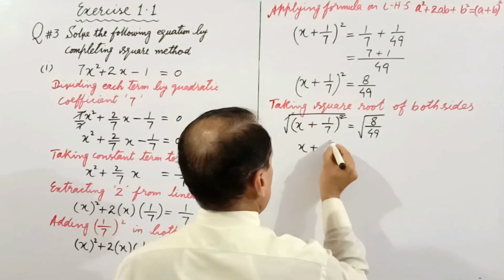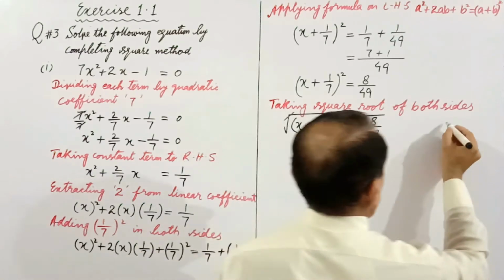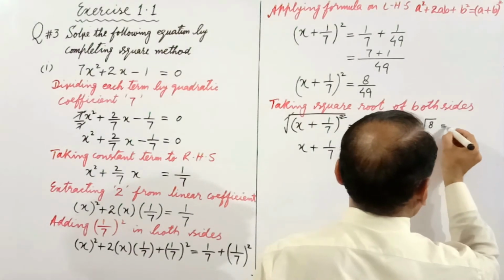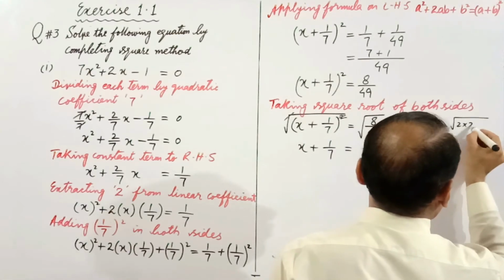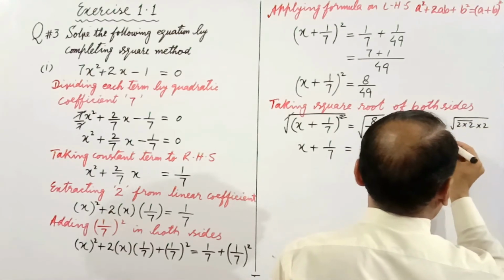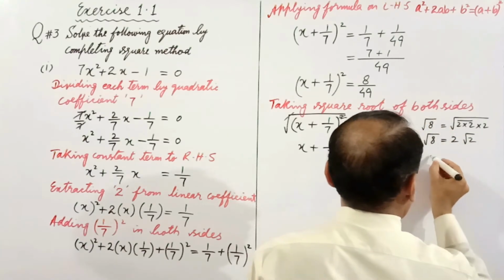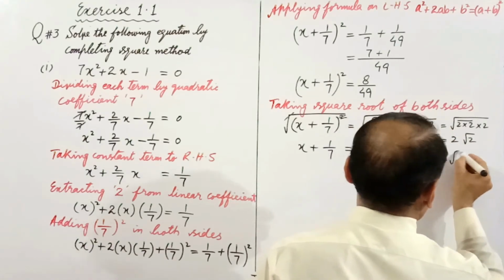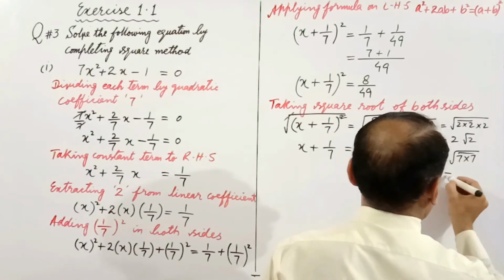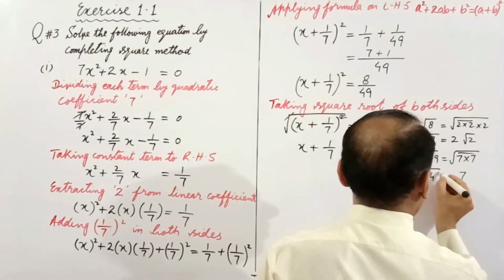We get x plus 1 over 7, and on the right hand side, as we know that under root 8 is equal to 2 2s are 4, 2 4s are 8. A pair is formed, so we get 2 under root 2 for under root 8. Whereas under root 49 is equal to 7 into 7. So we have 7 for under root 49.